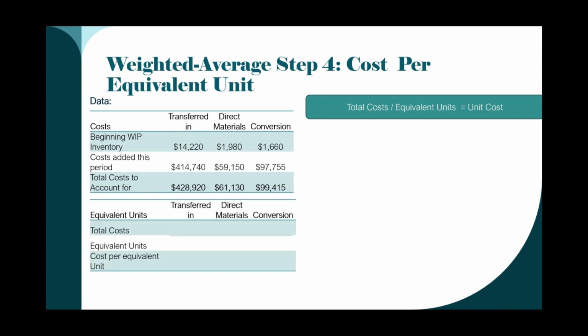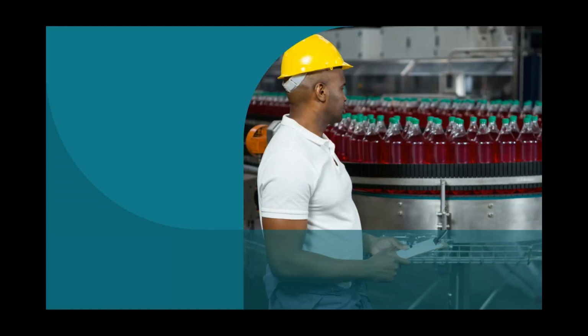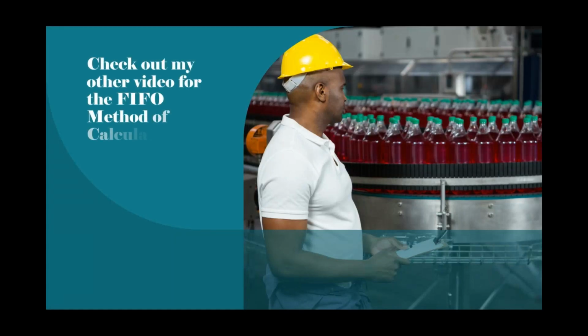So here we're going to take the total cost, plug it into our table, our equivalent units, which came from step 2, and we divide to determine our cost per equivalent unit. And so here we have our cost per equivalent unit when we use the weighted average method. Now again, I have a separate video where I describe how to calculate equivalent units and unit costs under the FIFO method.